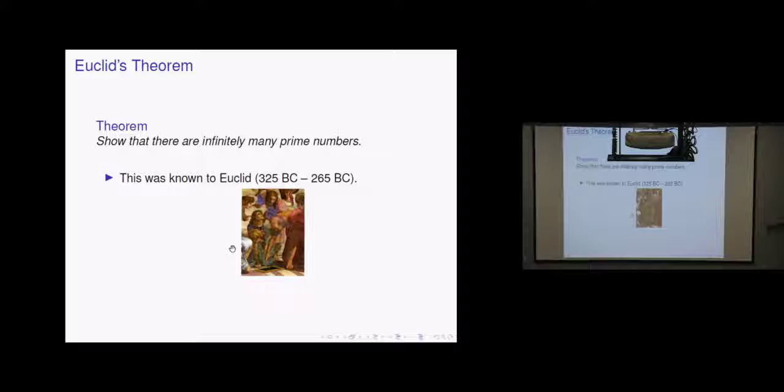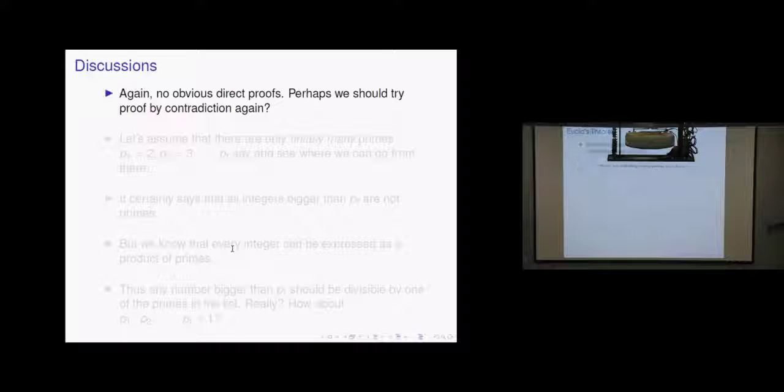If a number can only be divided by itself and 1, that's a prime. In other words, you cannot factorize it in two non-trivial ways. This is known very early in his Elements. He wrote a book, the Elements.